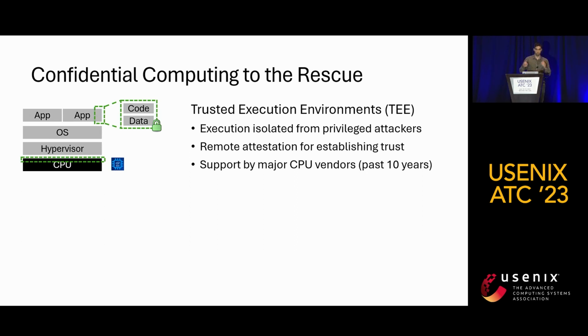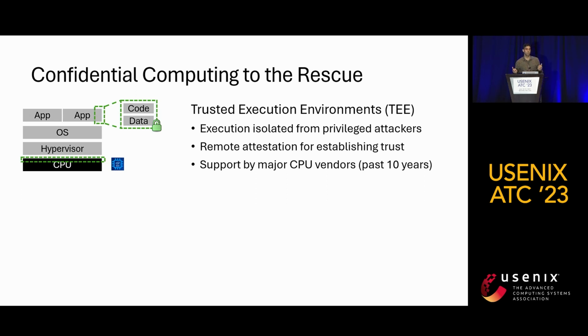For those who are not familiar with this new paradigm, confidential computing introduces the concept of a trusted execution environment. We call that TE, to provide strong protection against privileged attackers, including hypervisor and operating systems. This is based on the assumption that the tenant is willing to trust the hardware.